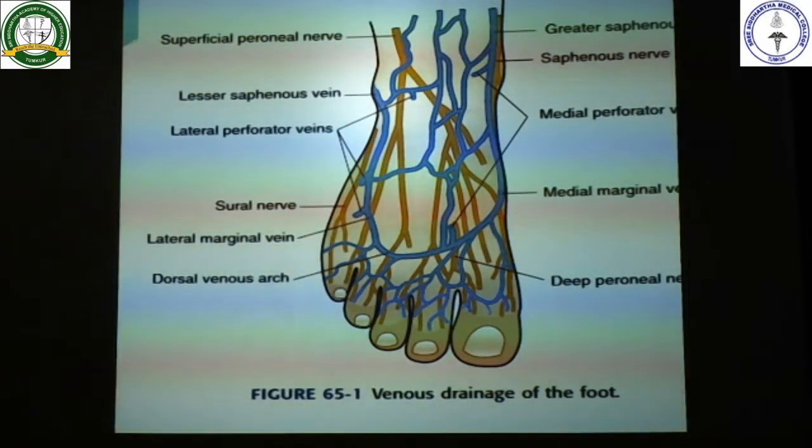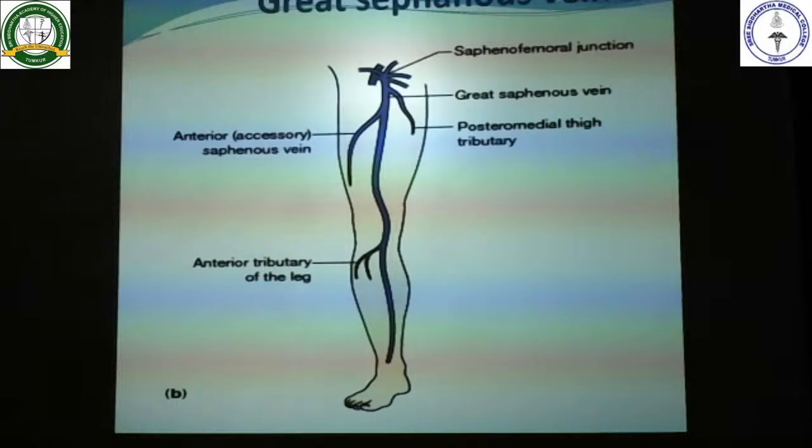It continues via the lateral marginal vein. Then you see the diagram of the great saphenous vein anatomy. As it passes, it receives some tributaries and ultimately ends into the femoral vein.